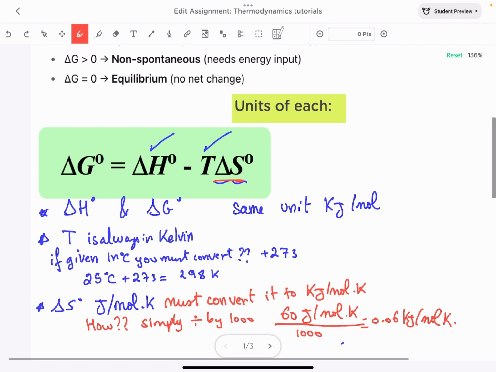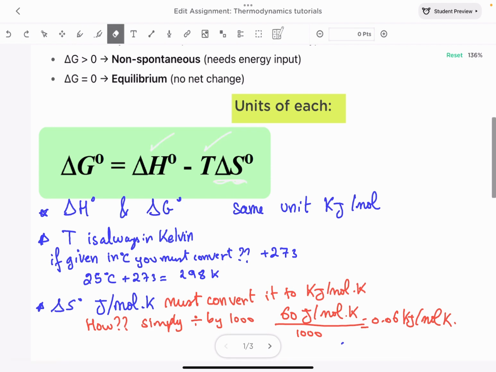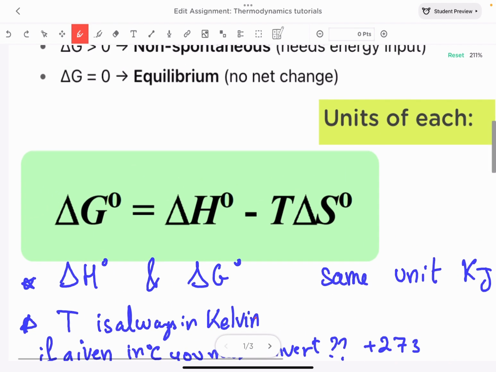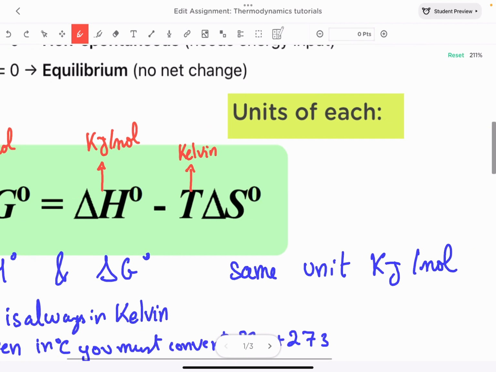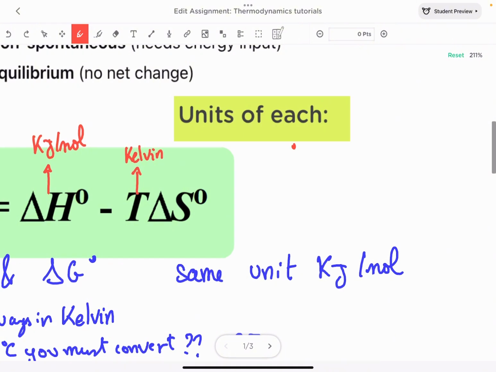Okay? So, let's summarize this up. Delta H must be in kilojoule per mole, and T must be in Kelvin. So if it's not in Kelvin, you simply add 273 to get it in Kelvin.